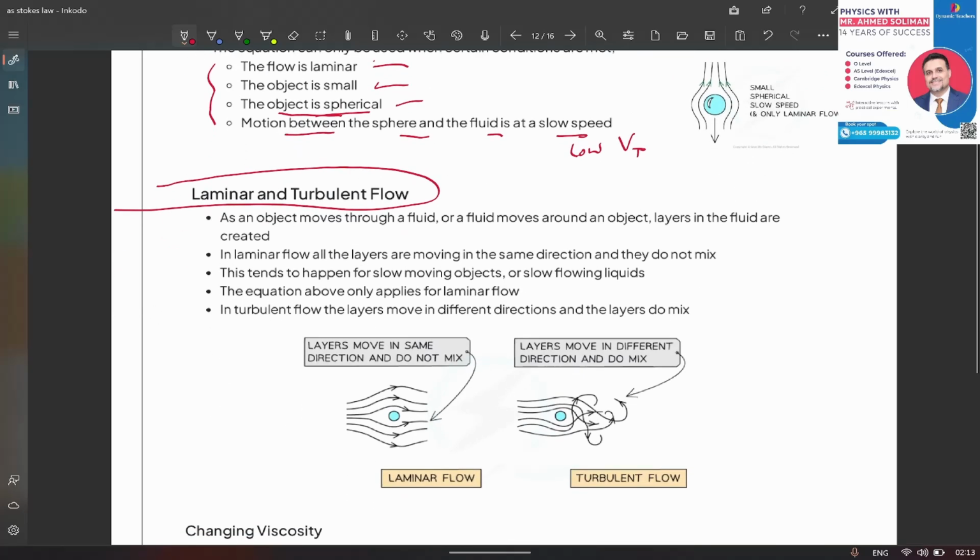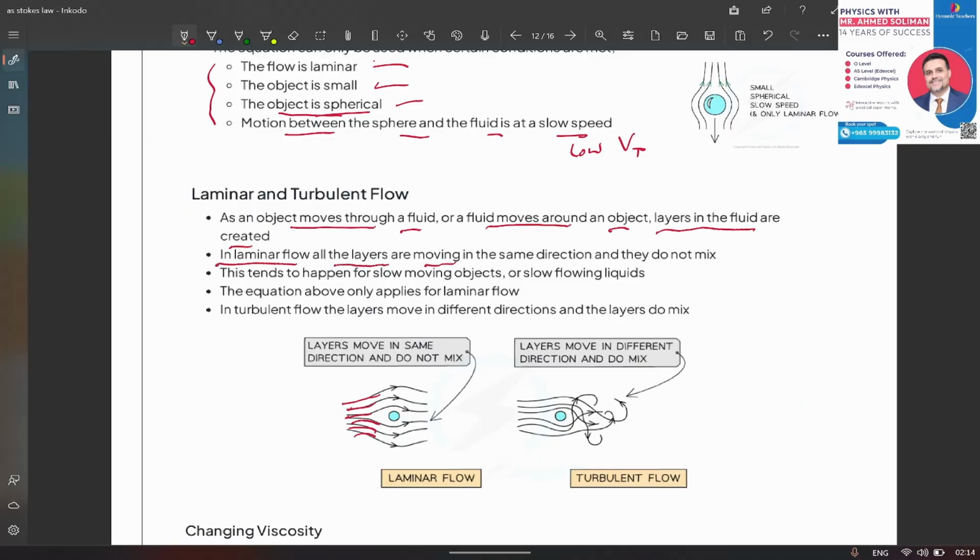Now we will move to what is meant by laminar and turbulent flow. Laminar flow is one important condition for Stokes law. As an object moves through the fluid, or fluid moves around the object, layers in the fluid are created. In laminar flow, all layers move in the same direction and don't mix.